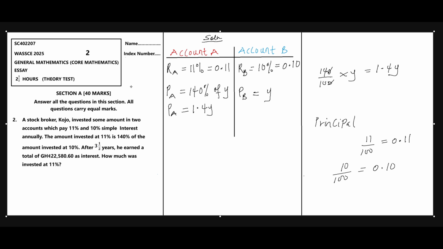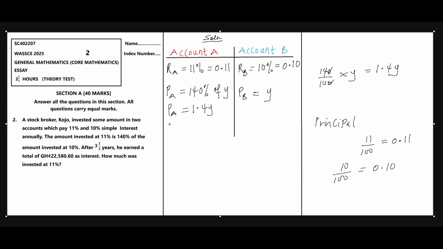Now, after 3.5 years, he earned a total of 22,580.60 Ghana cedis. So this is the amount of money Kojo earned at the end of 3.5 years.